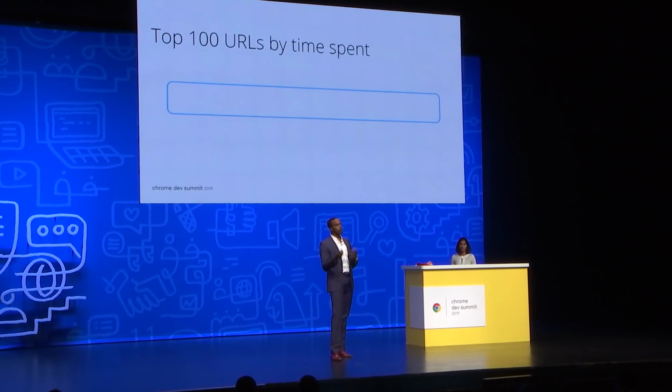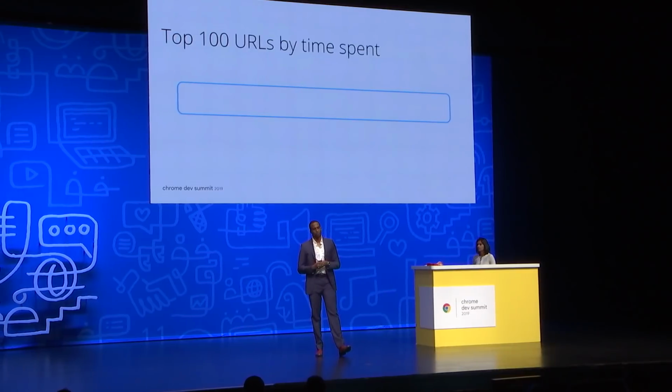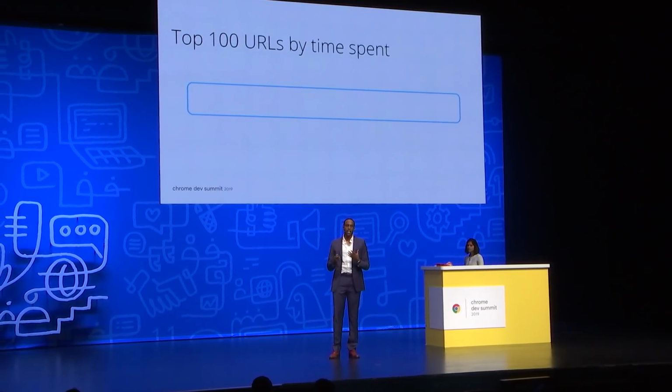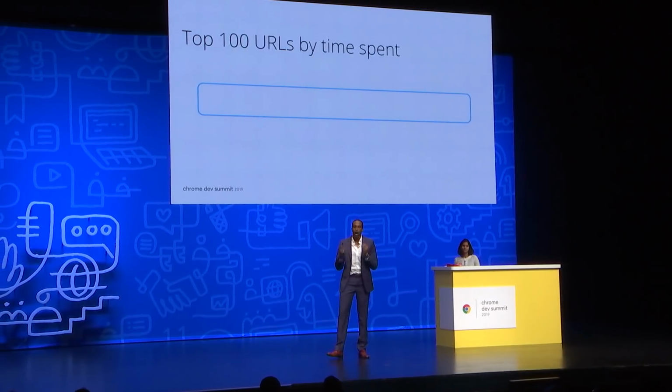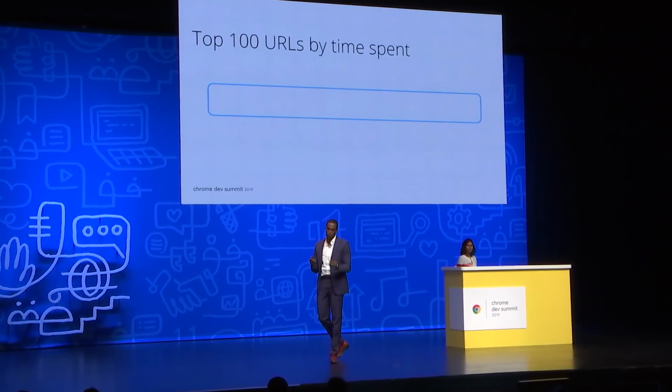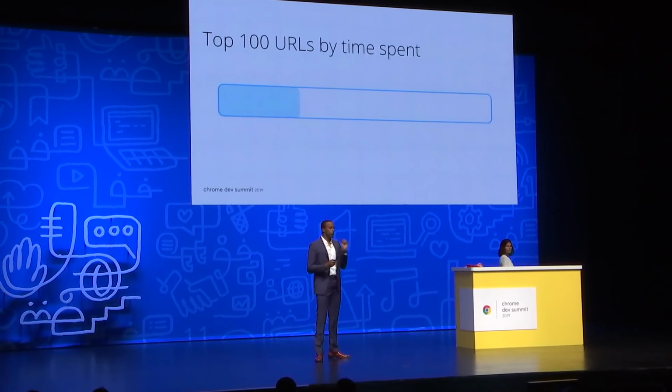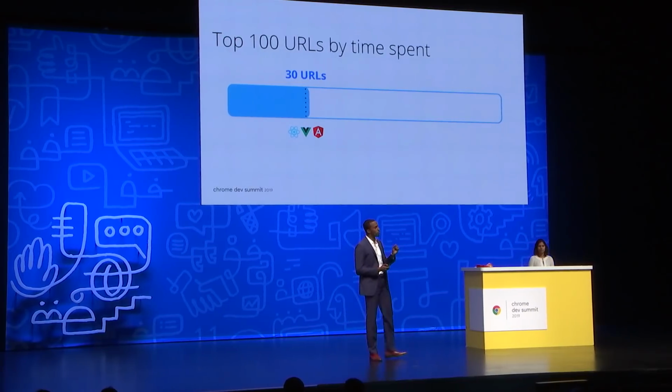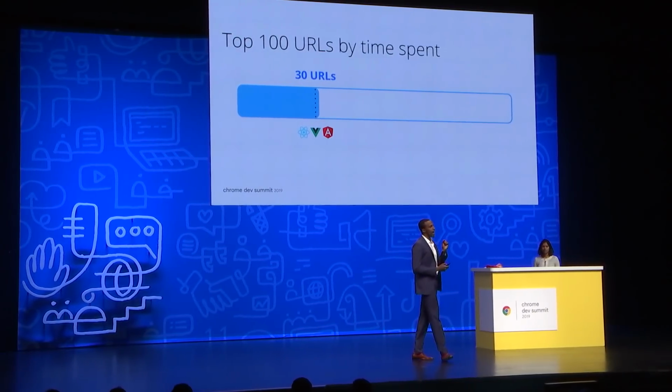We also tried to look at this data from a slightly different angle and find out how many sites that use frameworks make up the top 100 URLs by time spent. And we found that 30 of the top 100 URLs use React, Angular, or Vue. And this does not take into account many other frameworks that are available.